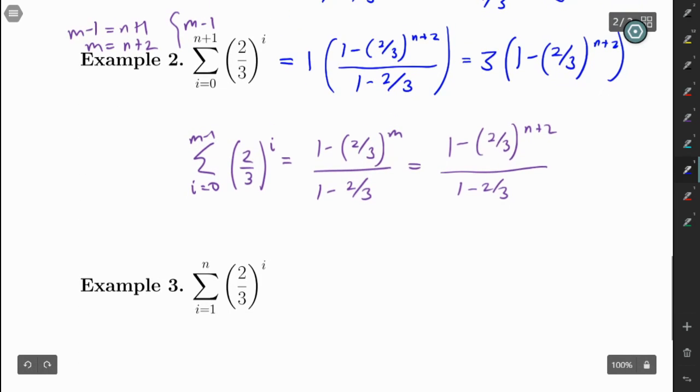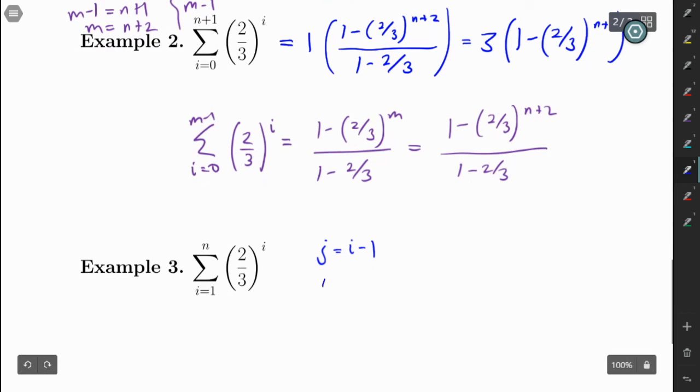In the final question, here we're once again looking for a finite sum. However, we can't quite apply this directly because we're going here from 0 up to m minus 1. But here we're going from 1 up to n. So we're once again going to have to introduce some sort of an index j, where j is going to be i minus 1.